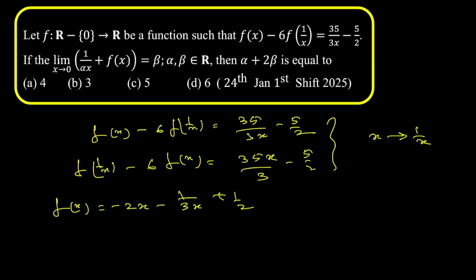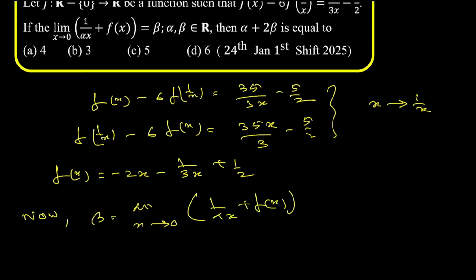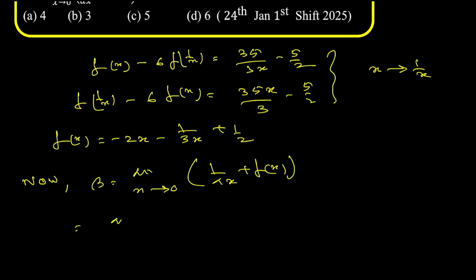This is a calculation. Now beta is given as the limit x tends to 0 of 1/(alpha x) plus f(x). So we can say here, limit x tends to 0, putting the value of f(x) here, 1/(alpha x) minus 2x minus 1/(3x) plus half.